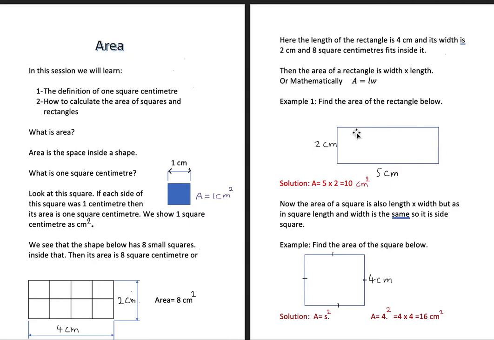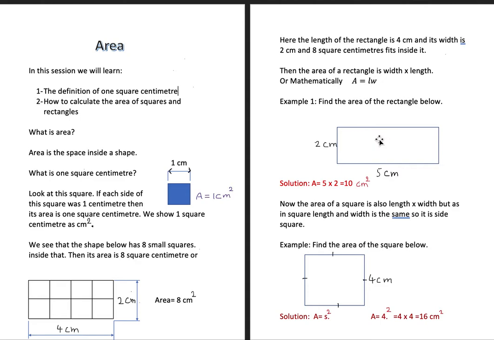For instance, in example 1 here, they're asking us to find the area of this rectangle. This rectangle has a width of 2 and a length of 5. That means that I can fit 5 times 2, which is 10, of these squares inside that.